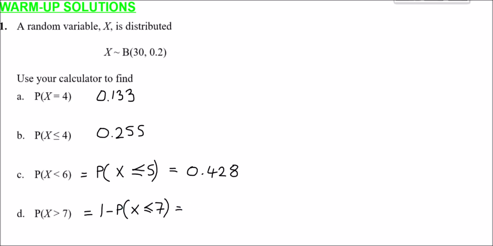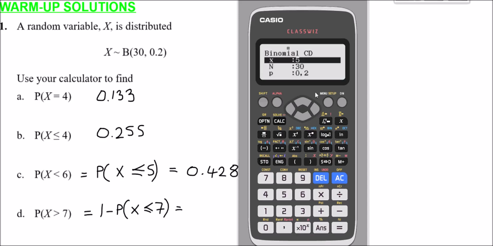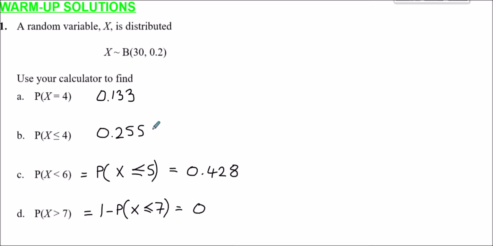So what we need to do here is to press AC, go back and press X for being 7. We then get 0.761, and so we need to do 1 subtract 0.761. Not 0, sorry.